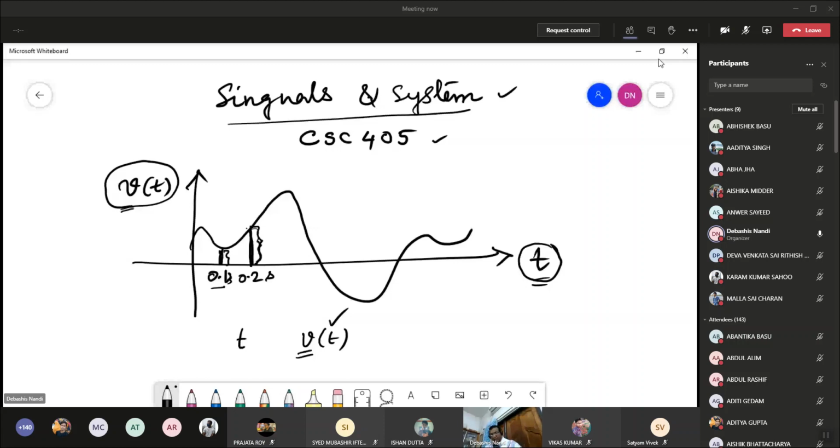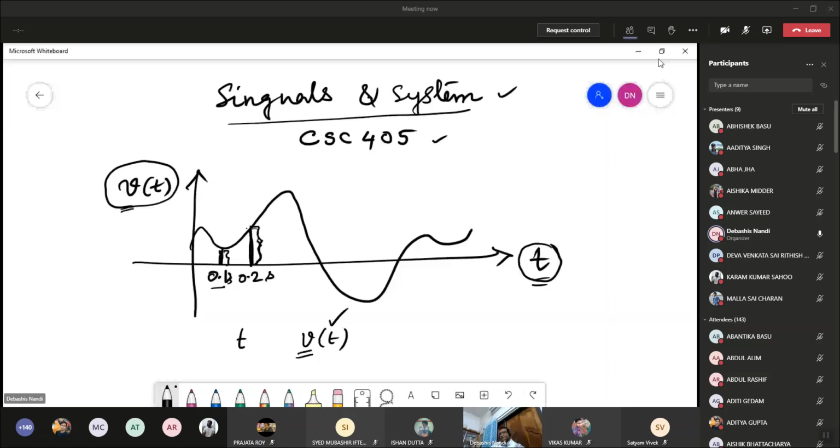loudspeaker, a microphone, and the microphone is actually one kind of transducer which is converting this voice signal, the air vibration, into an electrical quantity, voltage or current.